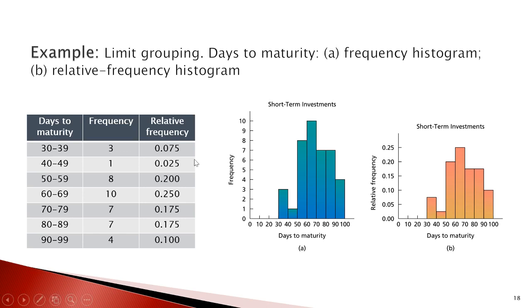This is the frequency histogram for limit grouping. As you can see, from 30 to 39 there are 3, so the height of this first bar is 3, and from 40 to 49 there is 1, so the height is 1. Like that we can draw the histogram and draw each bar with respect to each class.